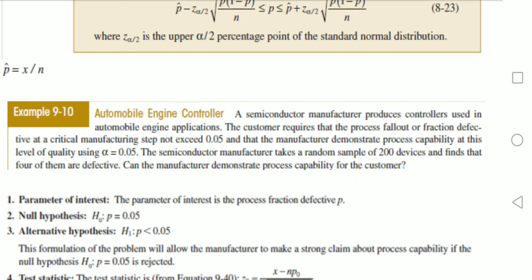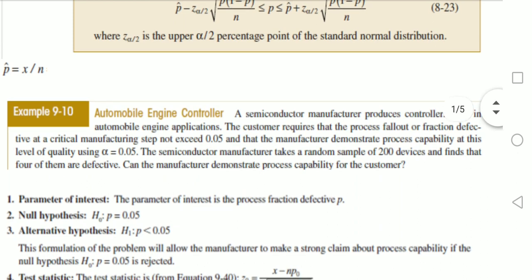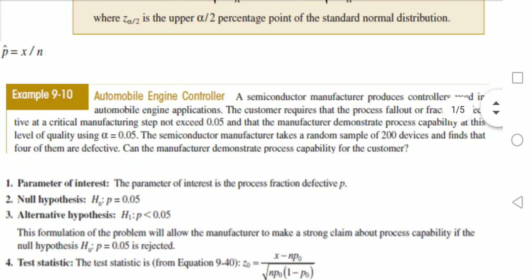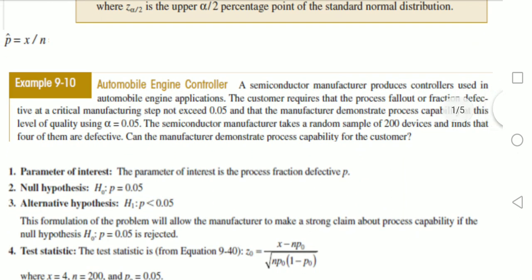Another given information is alpha is 0.05, and out of 200 devices, 4 are defective. So n is 200, and x is 4. The success is the defective items, that is only 4. Okay, so we move to the solution.